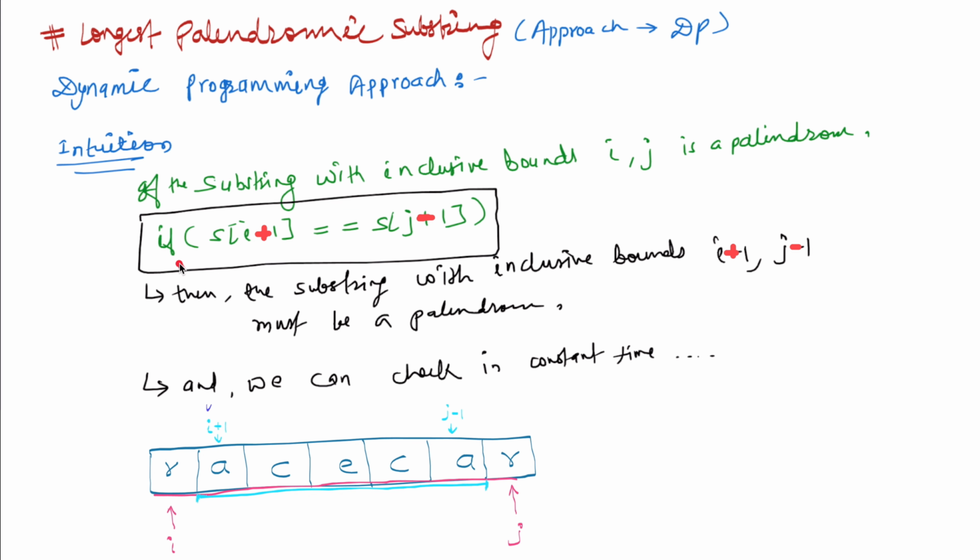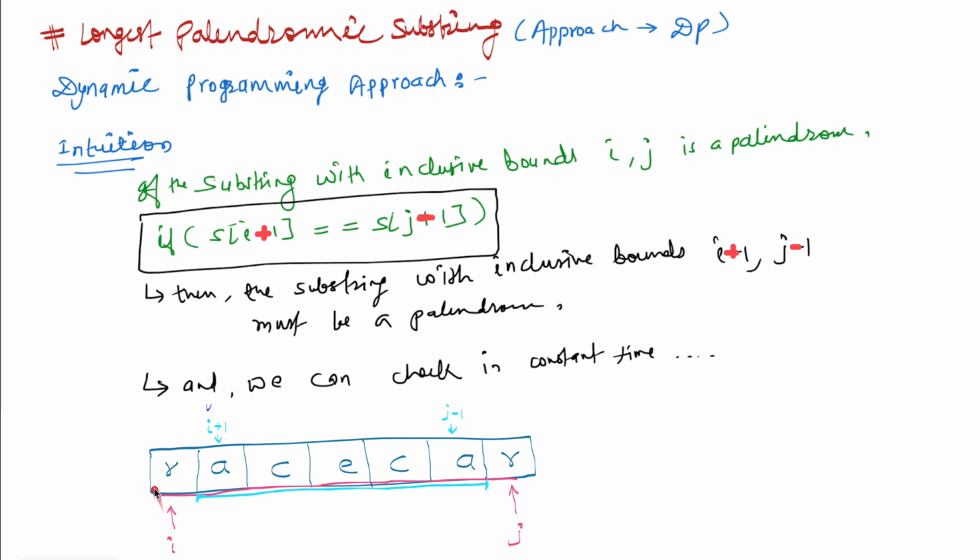it means, if and only if, we look at i plus 1 and reduce from the other side to j minus 1, the second character and the second last character are the same, and the substring with the inclusive range i plus 1 to j minus 1 must be a palindrome.